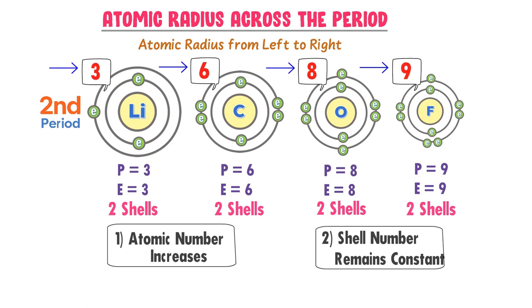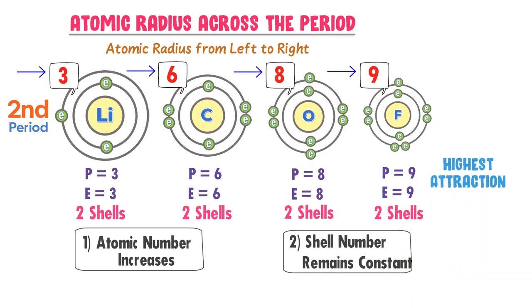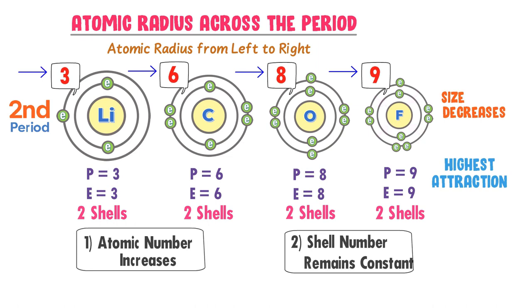Here, let me ask you, in which atom there is highest attraction between protons and electrons? Well, the highest attraction between protons and electrons is in the fluorine atom, because there are 9 protons and 9 electrons in it. Due to this highest attraction, the electrons come towards the nucleus and the size of fluorine atom decreases.